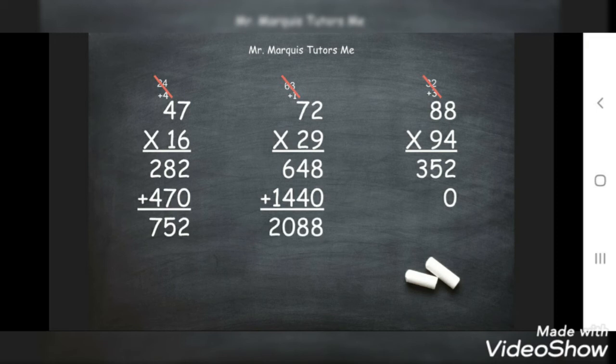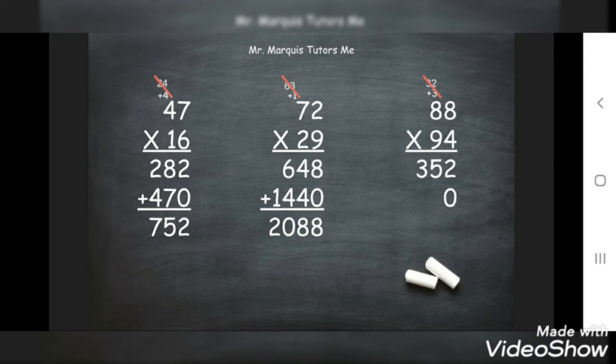Yes, and you definitely want to add. You're going to take the ones place, multiply the 47 times the 6 and get 282. And then the 47 times 10 is 470. But you want to add both of those.